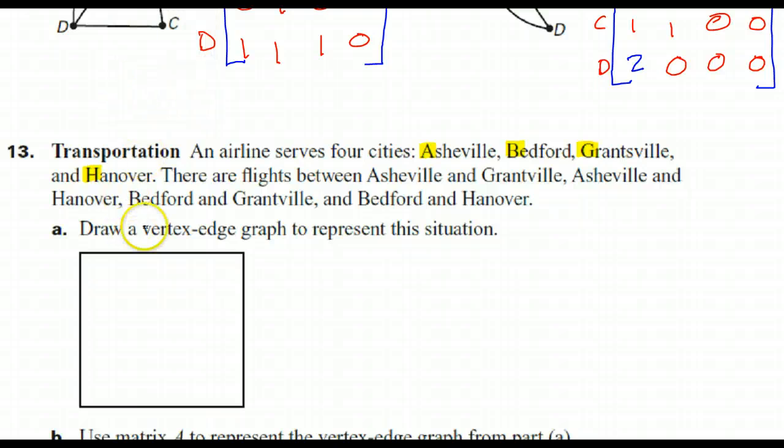So we need some vertices. So A, B, G, and H. So here we go. There's A, B, G, and H. Okay, those are the vertices. So there we will use a connection to represent any flights between 2 cities.